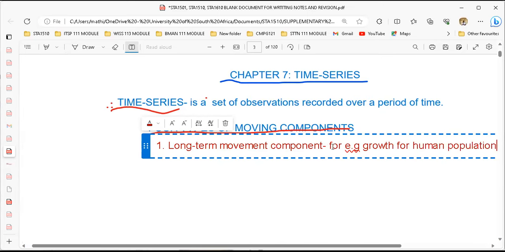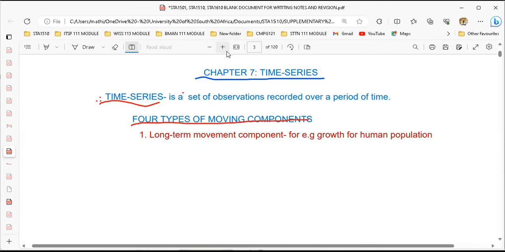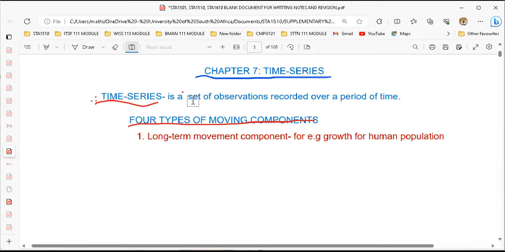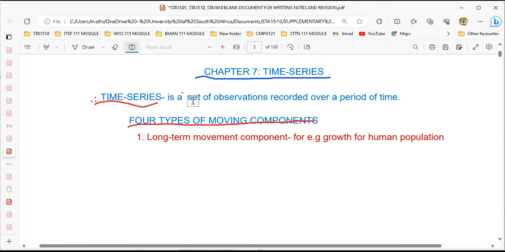To make sure that we're on the same page, that is the long-term movement component, for example.